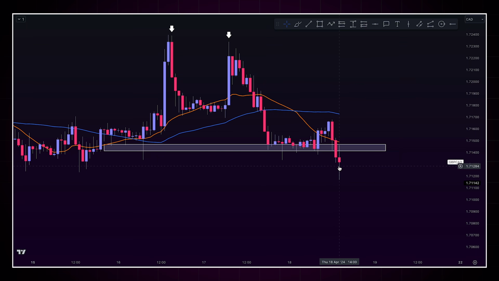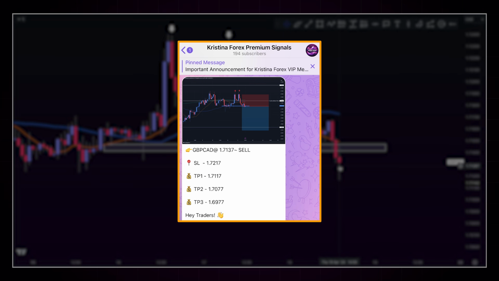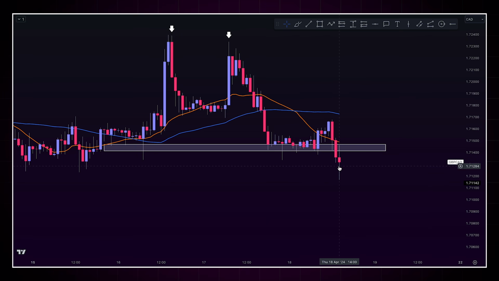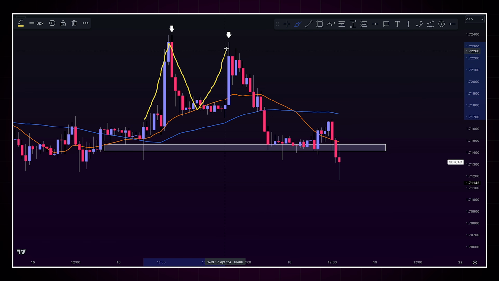Therefore, take a look at this example, and this is what I would personally consider a high quality trade, and this is actually a trade that we sent to our VIP members. So this is GBP/CAD on the 1 hour chart, and the reason for it to be a high probability trade is due to the fact that, first of all, we have a double top chart pattern that is a bearish reversal pattern.